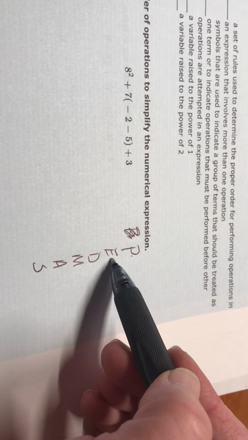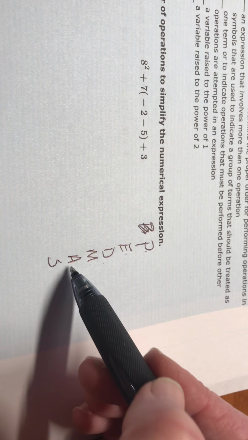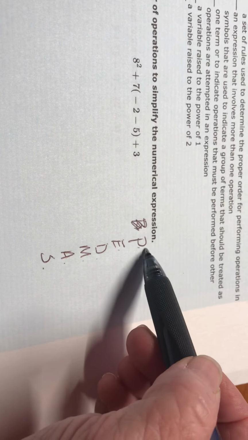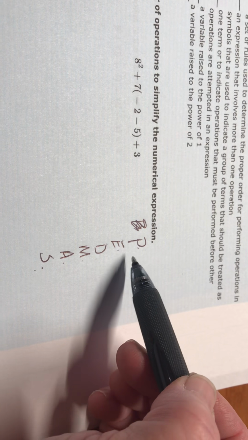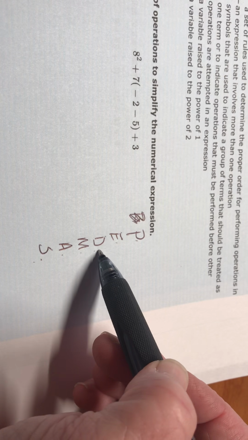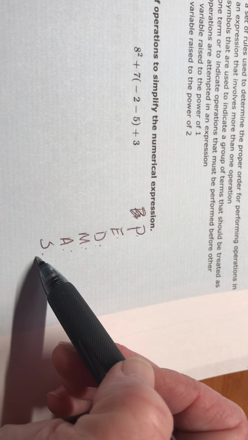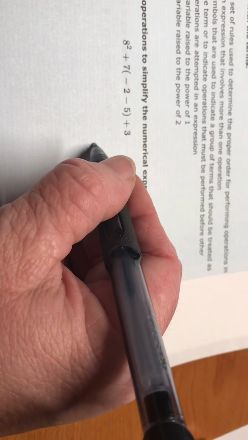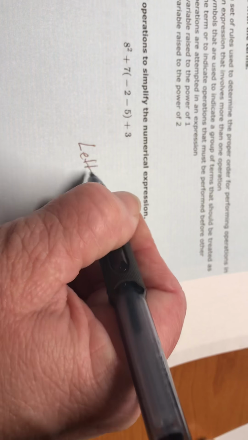You probably learned it in 5th grade, whatever. Parentheses, exponents, division, multiplication, addition, subtraction. The problem that I have with PEMDAS is people want to do this in the order of the letters. So they want to divide before they multiply. They want to add before they subtract. Which you have to think of order of operations always left to right, just like you read.